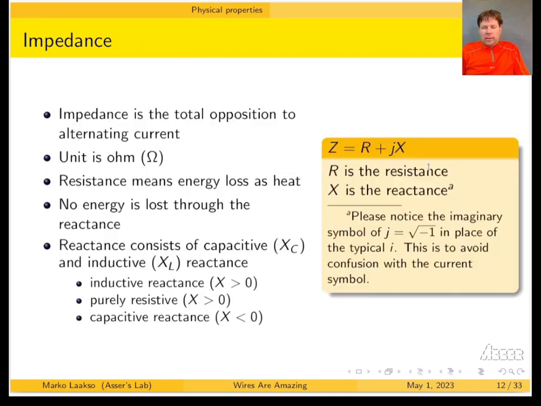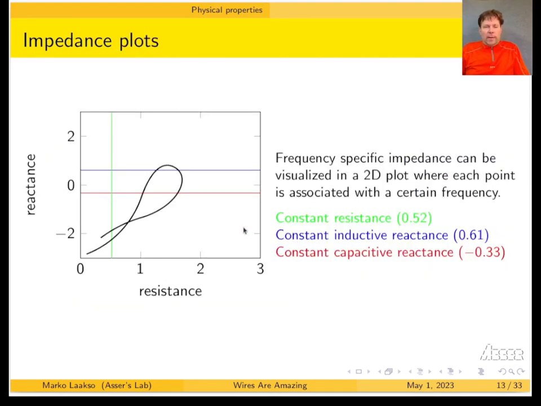As we have this complex representation, we can plot these reactance values in 2D, and now one point in this graph represents the impedance at a certain frequency, with the reactance on the y-axis and the resistance on the x-axis, and then you can plot the behavior of your circuit or your system on various frequencies.